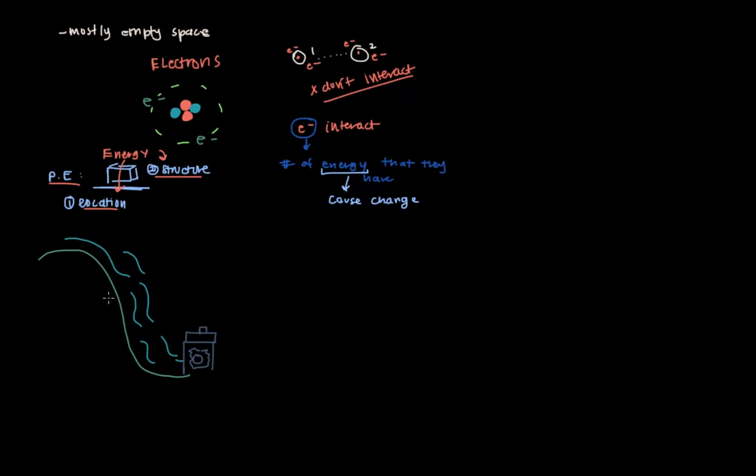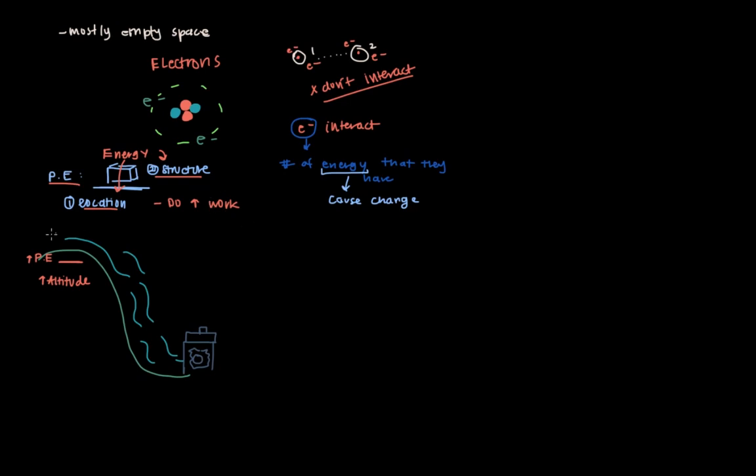So looking at this from an energy view, we would say that water, when it was up here, had a high potential energy because it had a high altitude. And if it had a high potential energy, that means it can do more work.